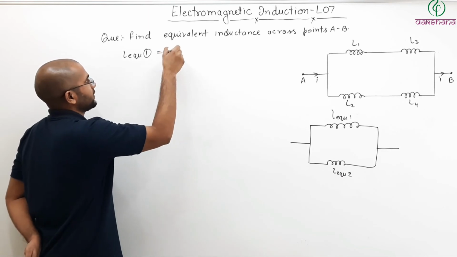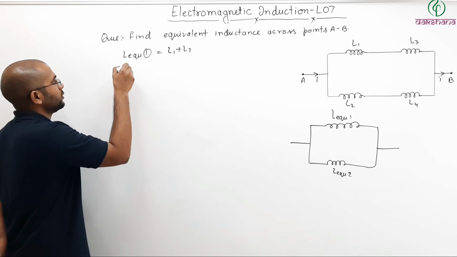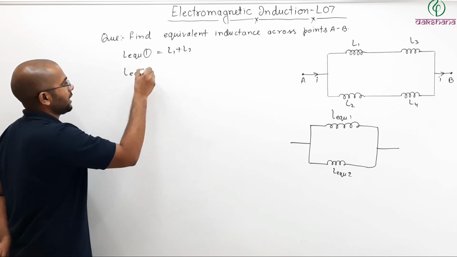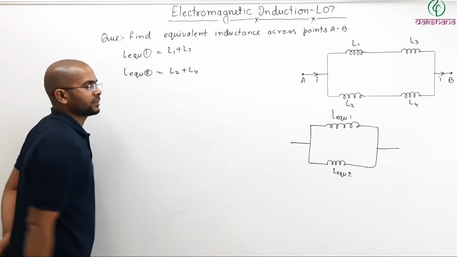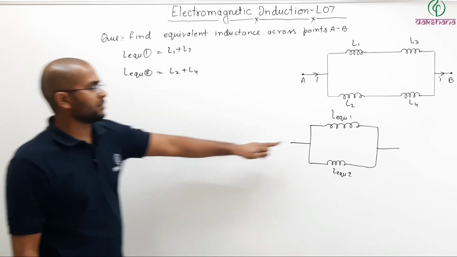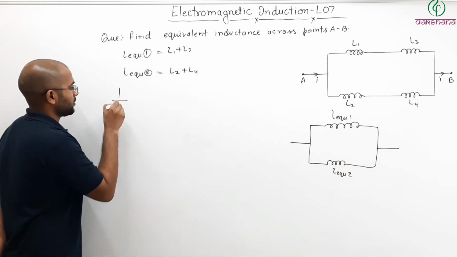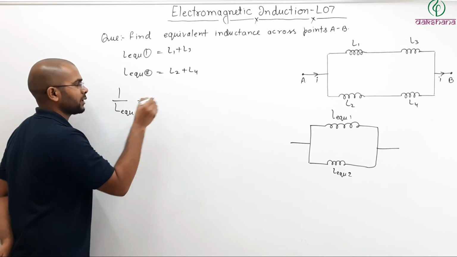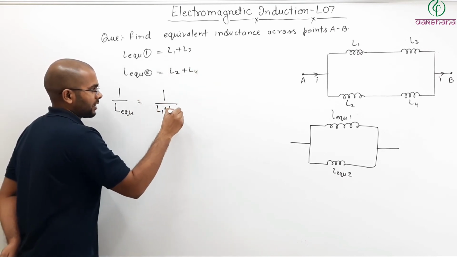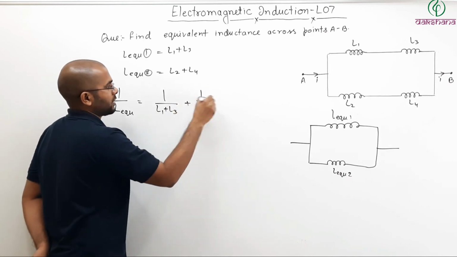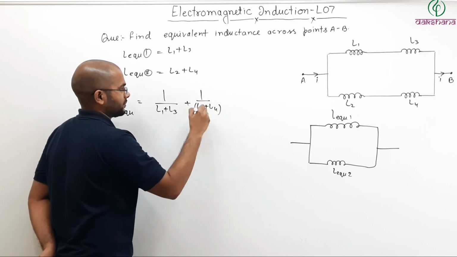L1 plus L3 because they are in series, and then L equivalent 2 will be L2 plus L4, and these two are connected in parallel with each other. So total, 1 by L equivalent will be equal to 1 by (L1 plus L3) plus 1 by (L2 plus L4), like this.